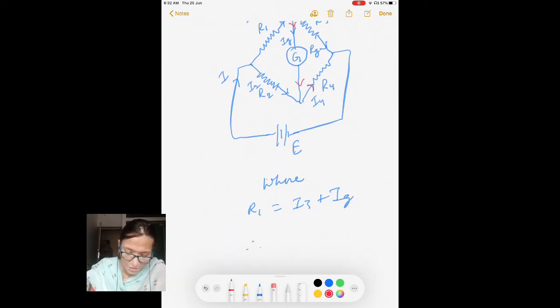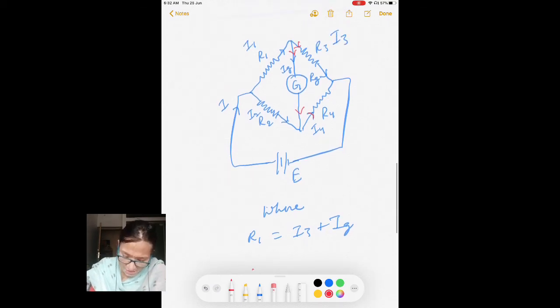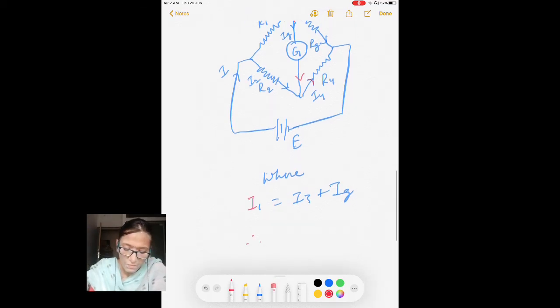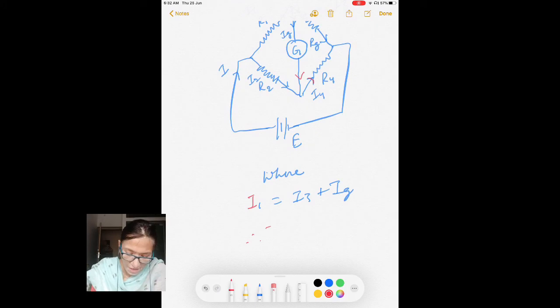Therefore this is your I1 only, and I4 is a combination of I2 and Ig.